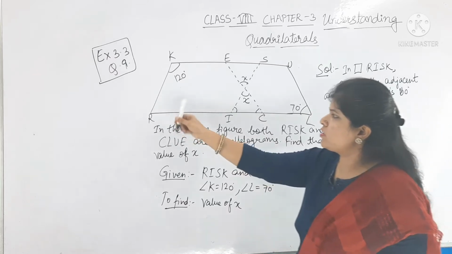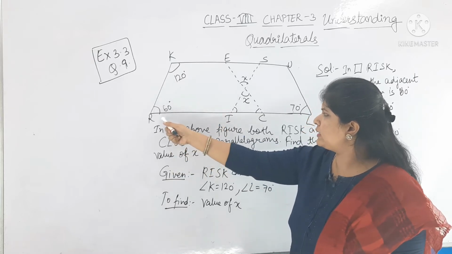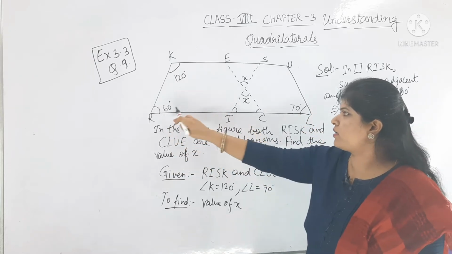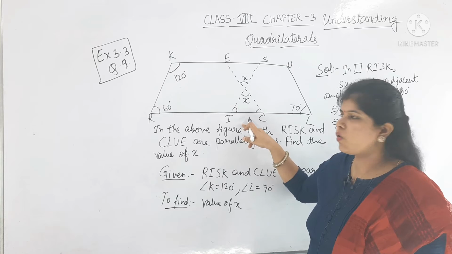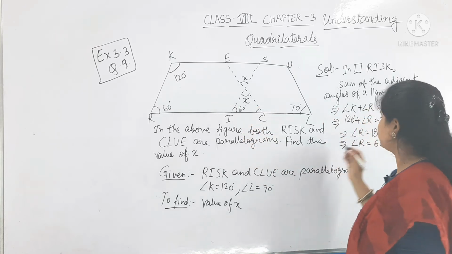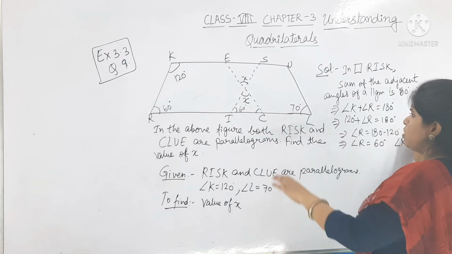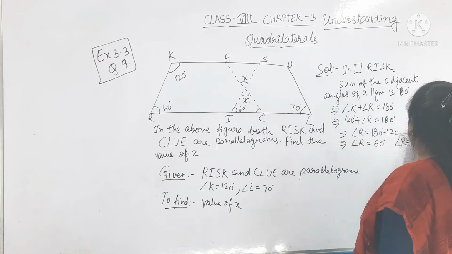Here we found angle R is equal to 60 degree. You can see here that angle R and angle I are corresponding angles, so we can write this as 60 degree. So angle R is equal to angle I is equal to 60 degree because of corresponding angles.